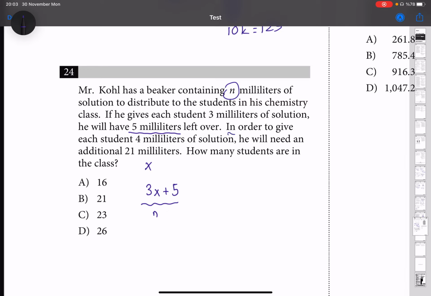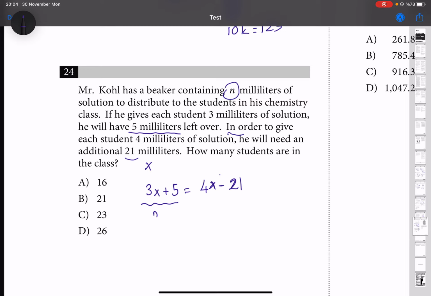The other information is, in order to give each student 4 milliliters of solution, he will need an additional 21 milliliters. So hypothetically, he would give every student 4 milliliters. He will need an additional 21 milliliters. So 21 milliliters is not in the beaker.